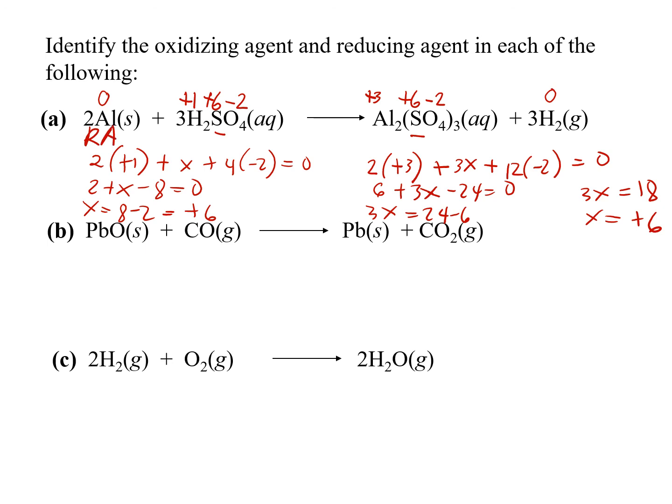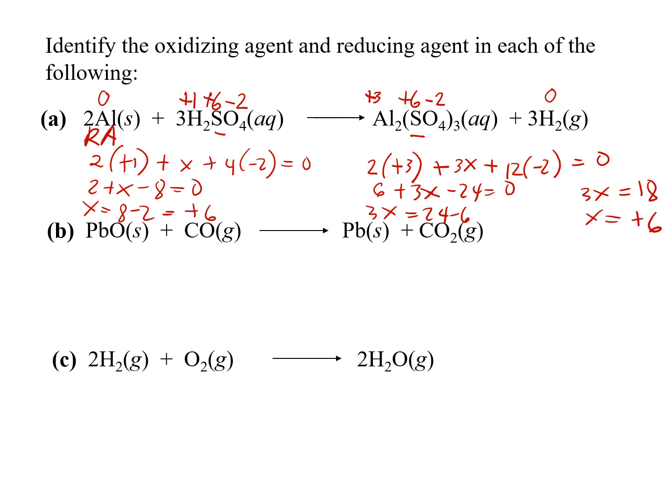And our oxidizing agent is the substance that contains an atom or element that undergoes reduction. So which one undergoes reduction? It's the hydrogen. From positive 1 on the reactant side, it's now 0 in the product.